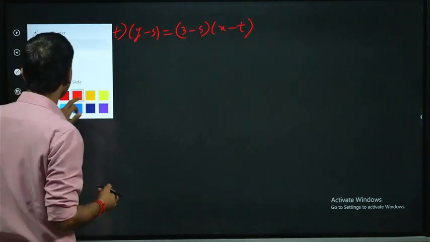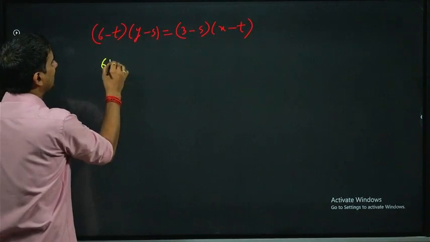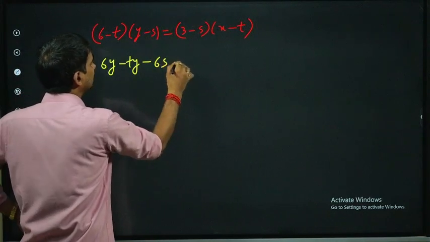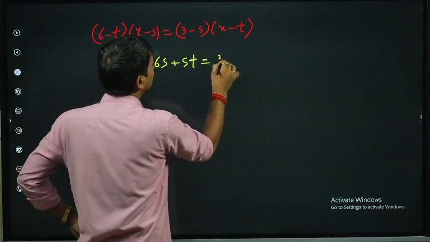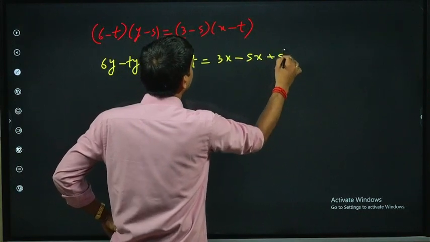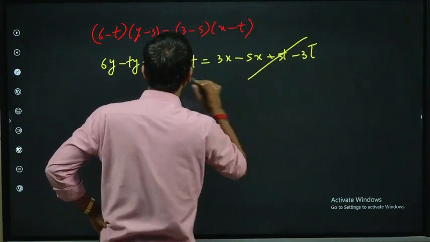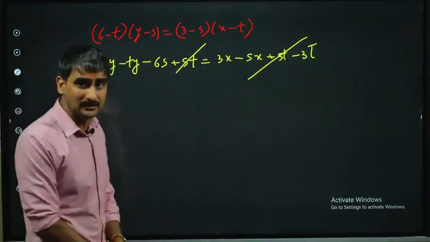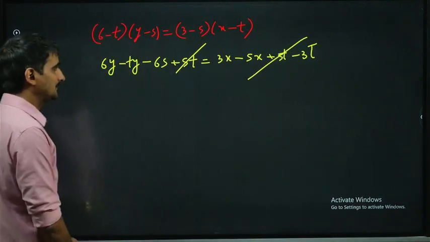Now let's simplify it. So what do we get? 6y minus ty minus 6s plus st is equal to 3x minus sx plus st minus 3t. So these two terms get cancelled. Now let us collect the terms of s and t.